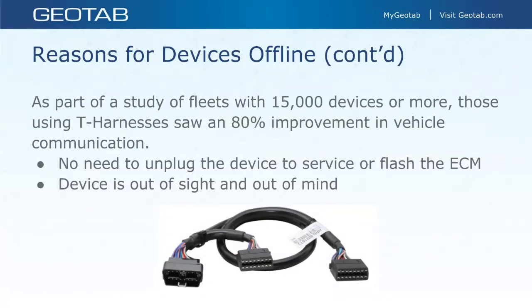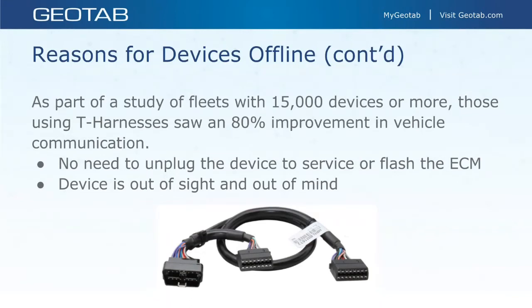Something else to keep in mind here is the use of a T-harness. Now that can help a lot when you have vehicles, especially if they're leased vehicles that are regularly going in for service, and you need to have the mechanic have access to the diagnostic port. Part of a study we conducted of fleets with 15,000 devices or more, those fleets using T-harnesses saw an 80% improvement in vehicle communication.